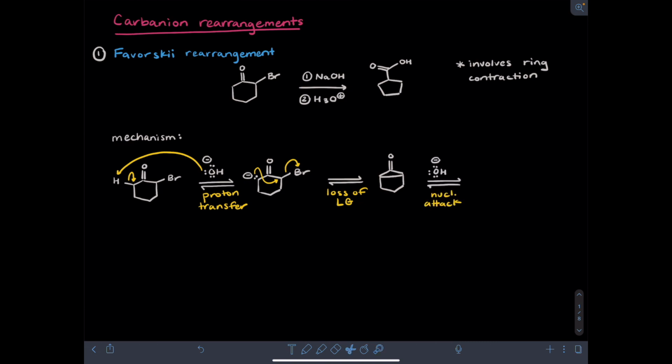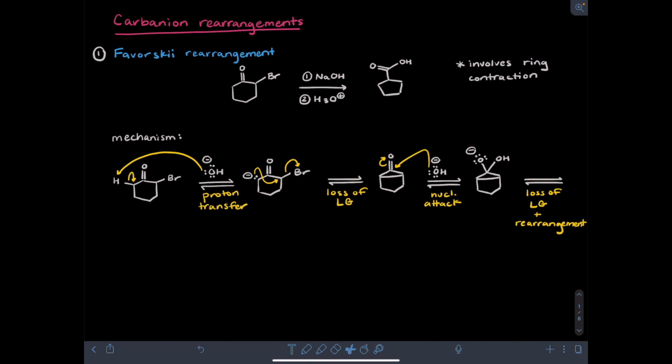In the next step of the mechanism, a nucleophilic attack occurs. This time hydroxide serves as a nucleophile to attack the electrophilic carbonyl center. This generates a tetrahedral intermediate with a new carbon OH bond, and the oxygen of the carbonyl is now anionic.